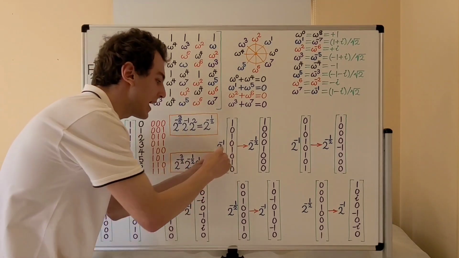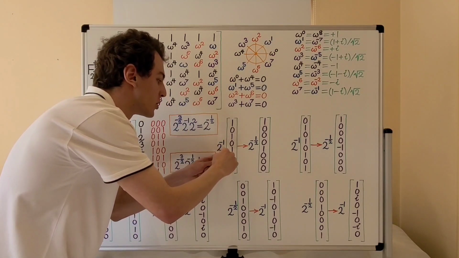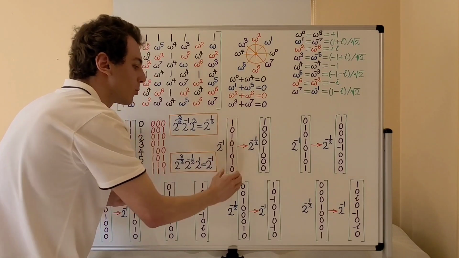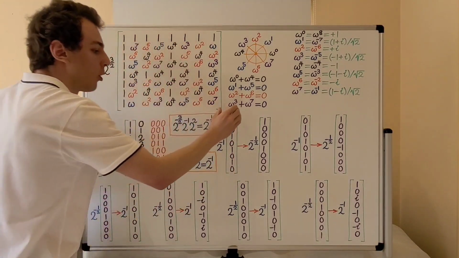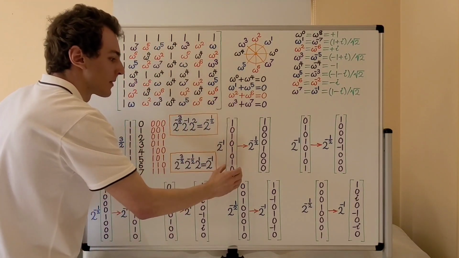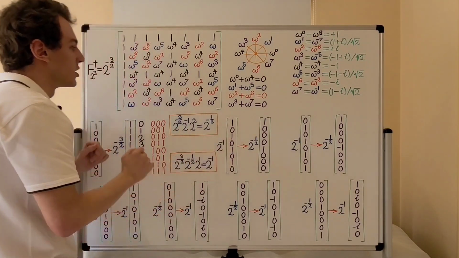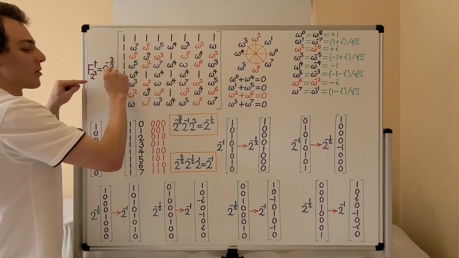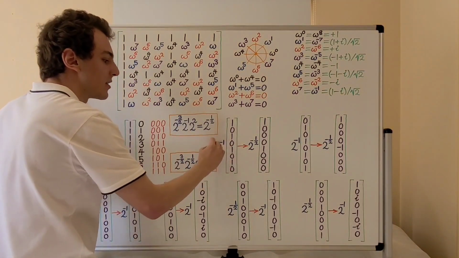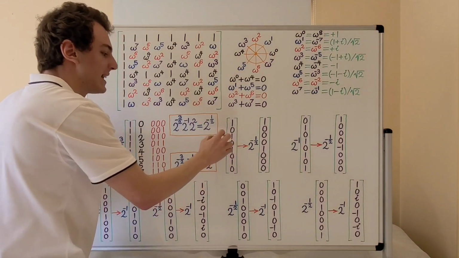Well, first we have to have a normalization coefficient of 2 to the minus 1. Then when we act with this matrix onto this column vector, what is going to happen? Well, first let's consider the normalization coefficient. So we're going to have this factor from the matrix, and we're also going to have this factor of 2 to the minus 1 in the input.